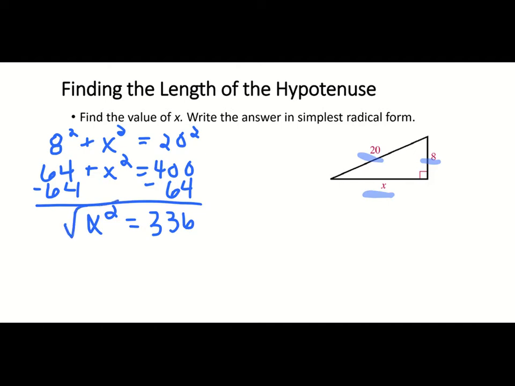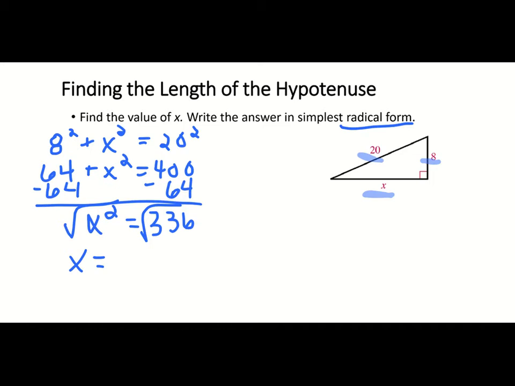We'll take the square root of both sides. Now I am going to check this, but I'm pretty sure it is not a perfect square. It is not. So what we need to do is write it in simplest radical form. That means we've got to pull out our perfect squares. 336. Let's see. I know that 4 will go into it, but that's not the biggest.